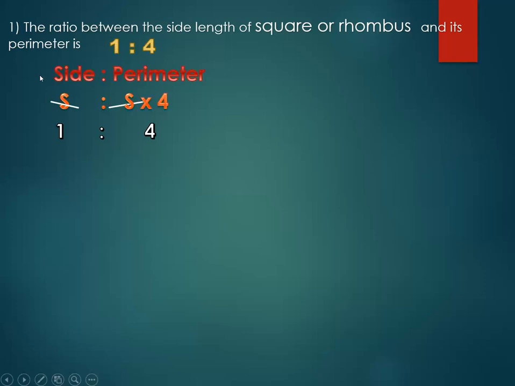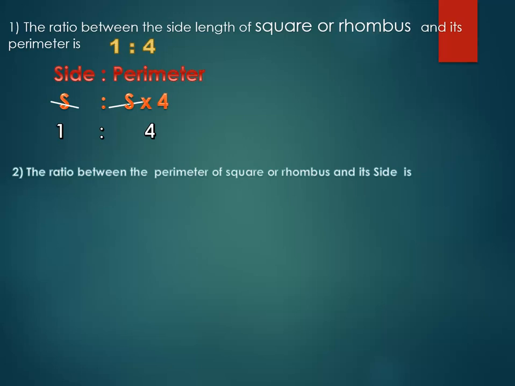Again, side to perimeter, where perimeter equals side times 4. Here we have side and here we have side. Remove them together, it will be 1 to 4. The ratio between the perimeter of a square or rhombus and its side, the reflection, will be 4 to 1.